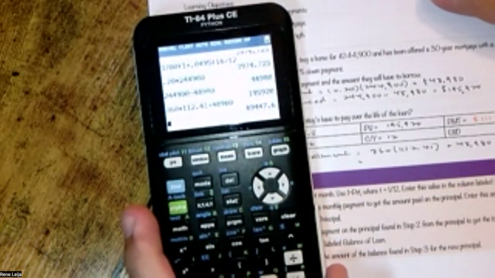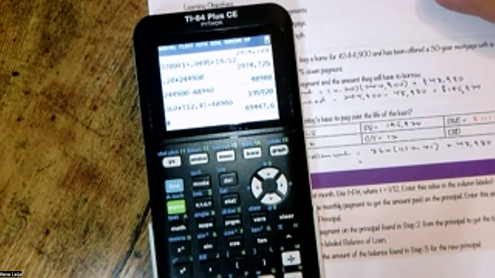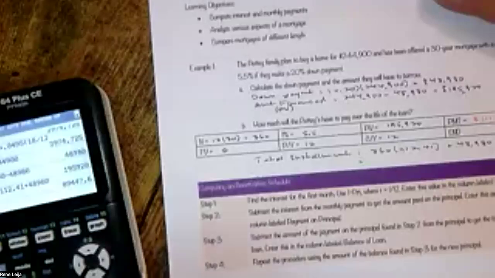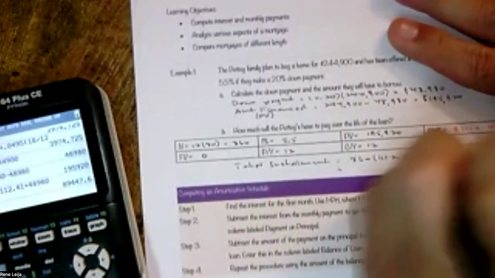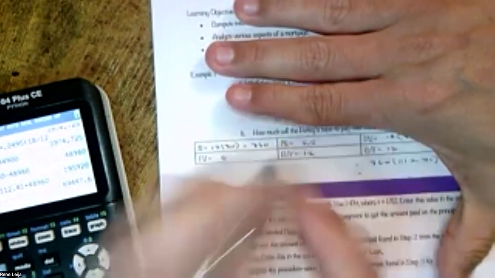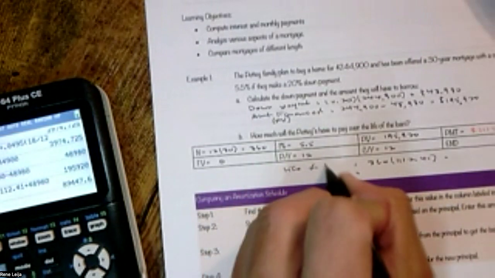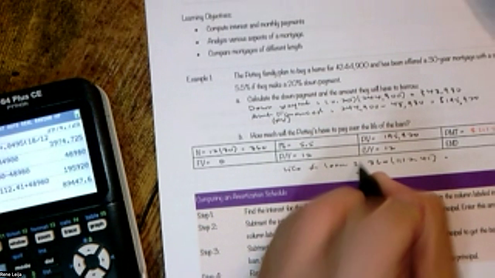That's not right. Oh, wait a minute. I'm sorry. Hang on. We don't need to add this back. Sorry. Life of the loan. Okay.